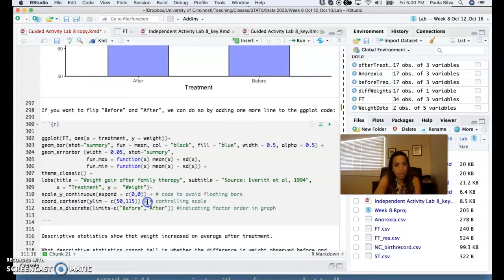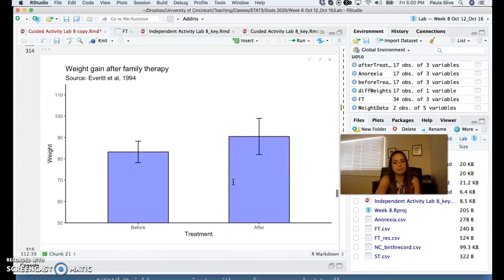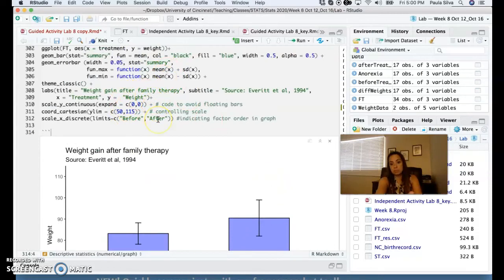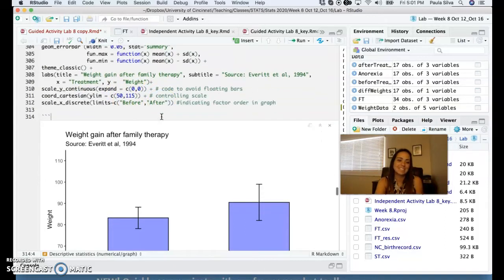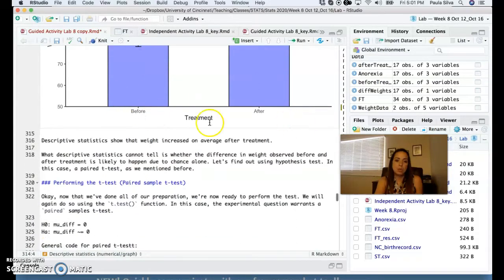Note that I'm adding a plus, and I do scale_x_discrete with limits, and then I say go before and then after. If you do that, then you can switch things around. Of course, you won't use before and after for every single data set. It will depend on how your levels are called. For example, if your levels were called condition 1, condition 2, then you would have condition 1, condition 2. Okay? In order to order this thing.